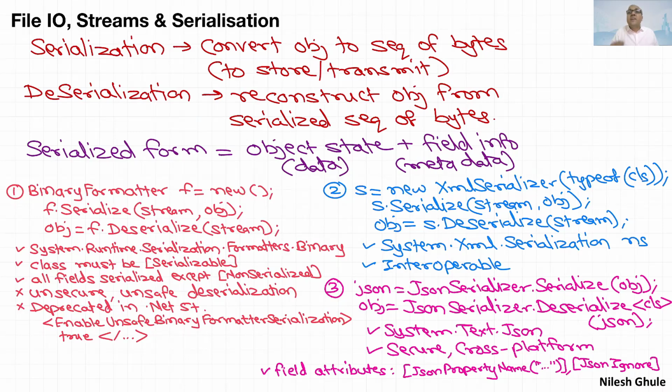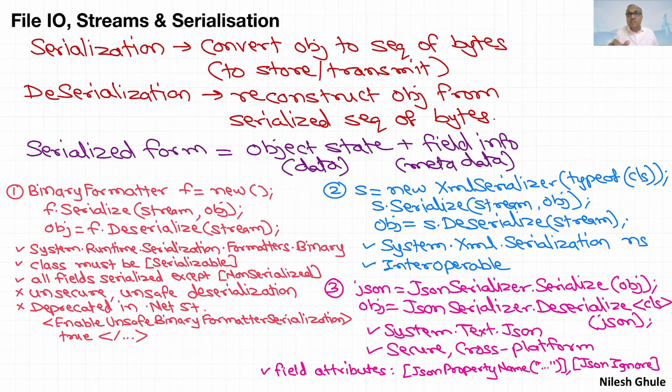The most effective way of doing persistence is serialization, where you convert your object data into a sequence of bytes, and then you can store it in some file, or you may even transmit it over a network stream. Why is the name serialization? Serialization talks about the serial, the sequence of bytes.